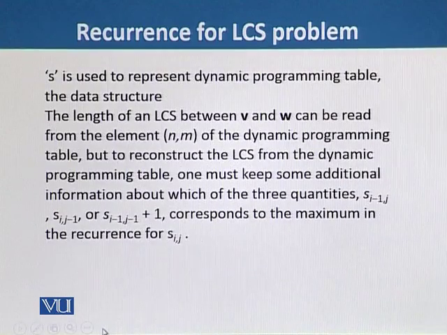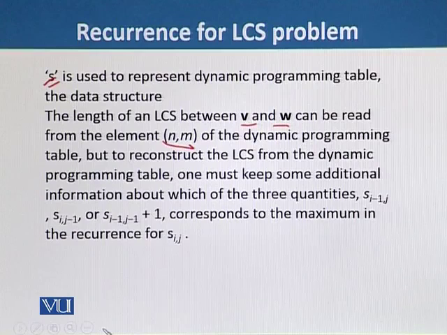We can use S to represent the dynamic programming table, the data structure that we use to fill in the dynamic programming recurrence. The length of the LCS between V and W can be read from the element (n,m) of the dynamic programming table.